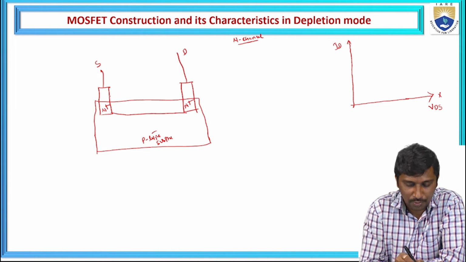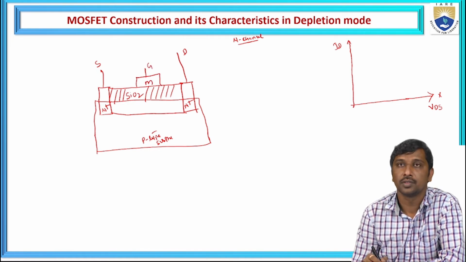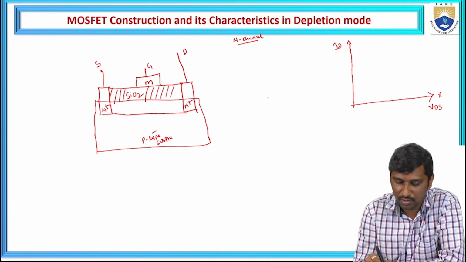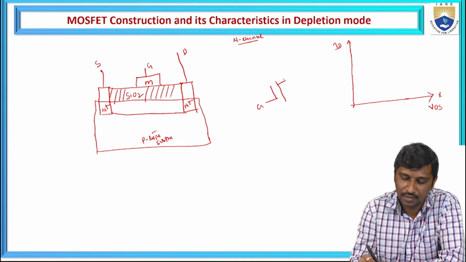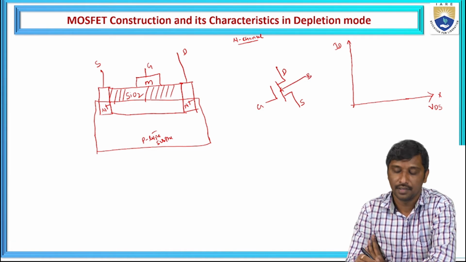Now I'm going to place some insulating media, SiO2. At the top, I'm going to place a metal, which is the gate. Otherwise, in the symbolic representation, this is the gate, drain, and source. This is the body.